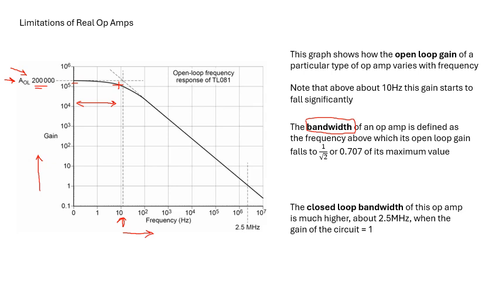Now the closed loop bandwidth is much, much higher. It's about 2.5 megahertz. That's when the gain of the circuit equals 1. Again, the bandwidth will depend on the gain, and it's much higher for closed loop.